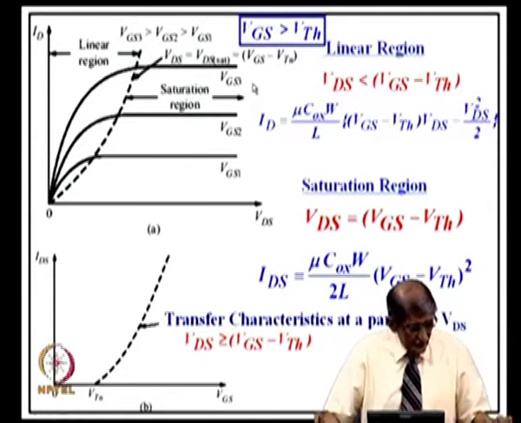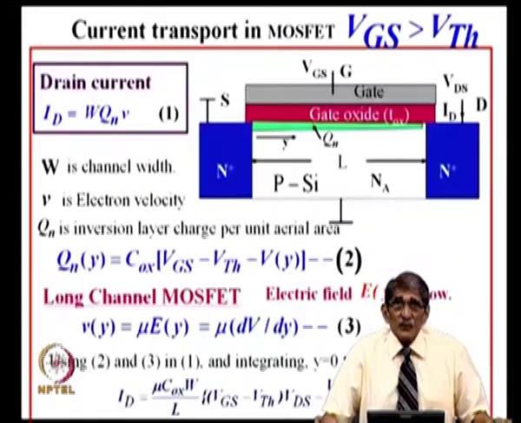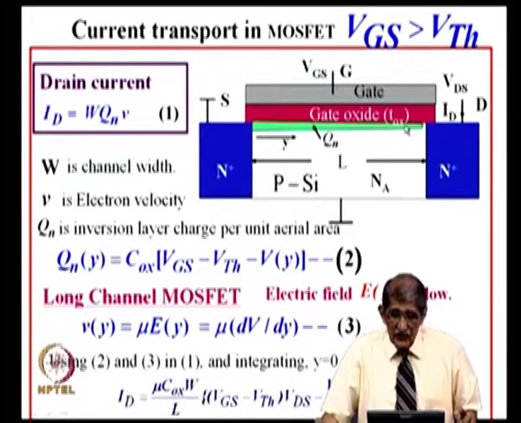If you go back to the slide, what happens is, when VDS is equal to VGS minus V threshold, the voltage drop from here to here is equal to VGS minus V threshold. What is the meaning?